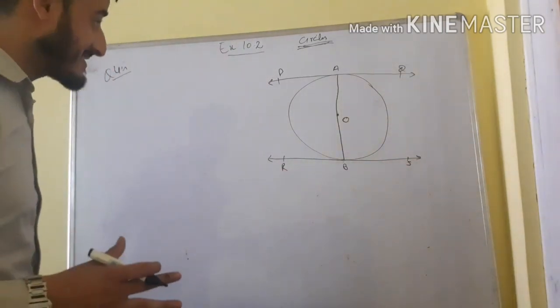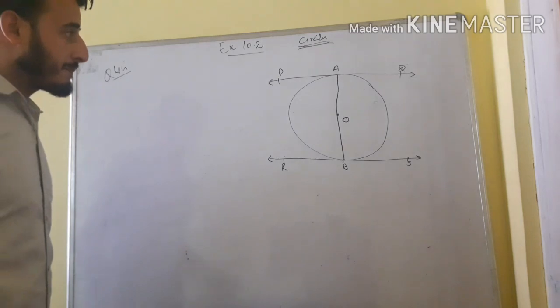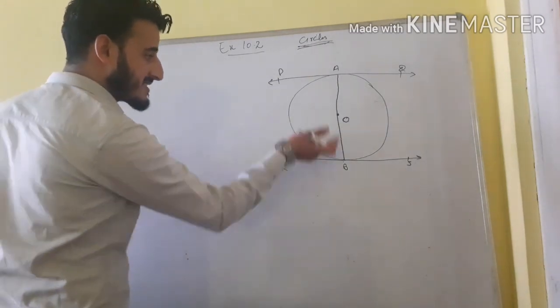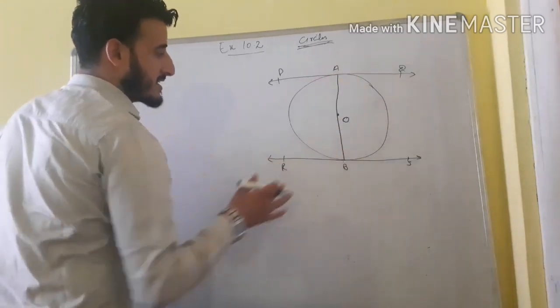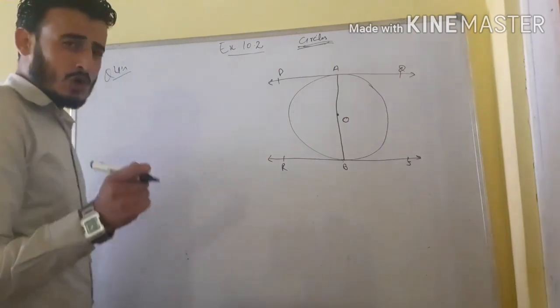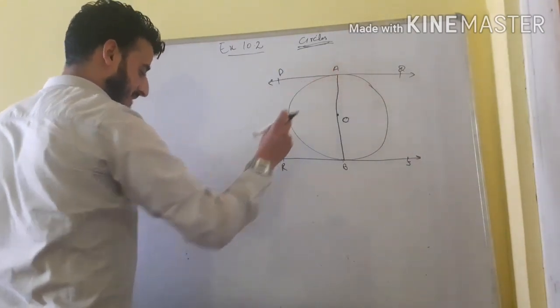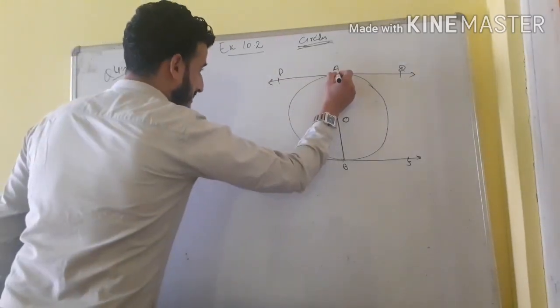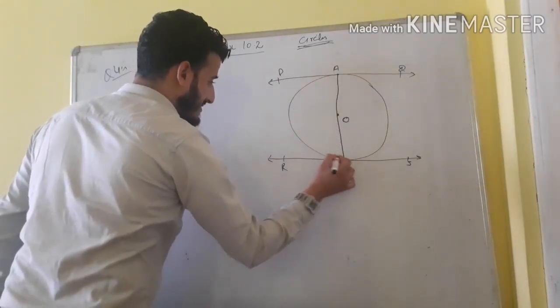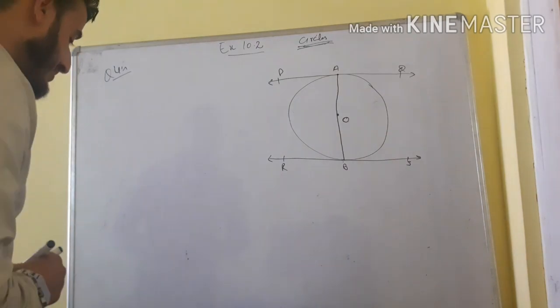These are both the tangents to the circle, passing through the endpoints of the diameter. The point where the tangent touches the circle is called the point of contact. So A is the point of contact here, B is the point of contact here. This should be clear to you.